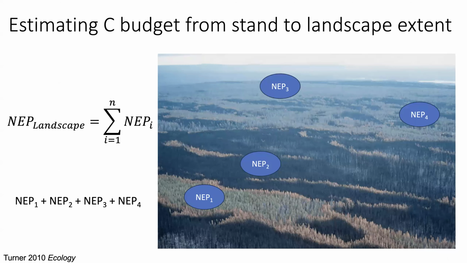So if we thought about a landscape that looks something like this, where we have some mature stands, which are the greenish images here, and then you have some recently burned stands maybe that are black. If we wanted to think about this landscape and measure the carbon budget of a landscape, we'd really have to think about the carbon budget of each one of these individual stands. So for example, maybe we have net ecosystem production for this mature forest stand.